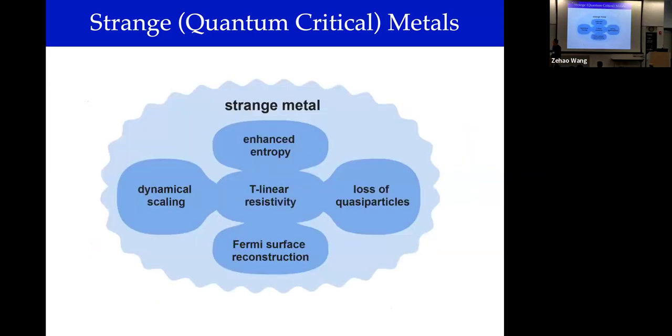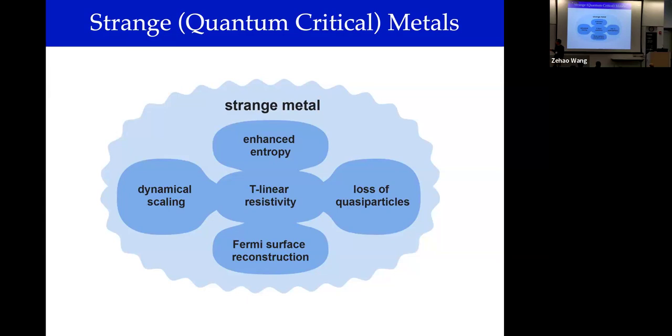So I think it's fair. Before I delve into a bit more of the details of the correlation physics, I think there is an emerging caricature of strange metallicity in part, and I would say even in a significant part, coming from studies in these quantum critical heavy fermion systems.